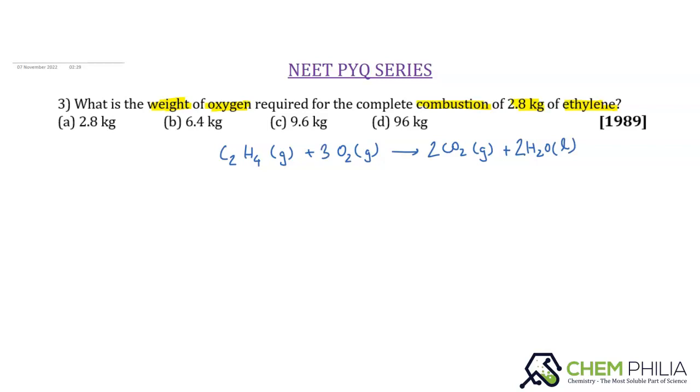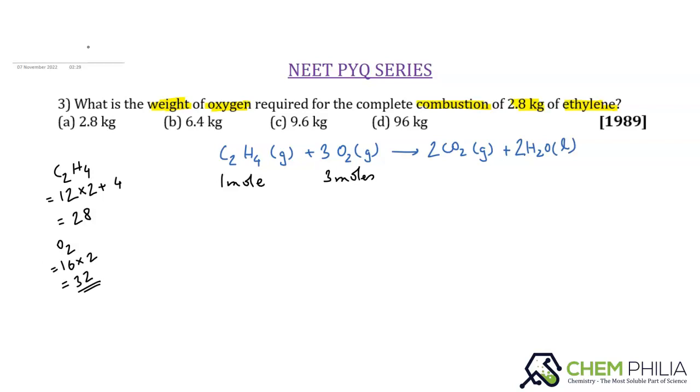So you can see that 1 mole of ethylene is reacting with 3 moles of oxygen, right? So what is the molecular weight of ethylene? The molecular weight of ethylene is carbon is 12, so 12 into 2 plus 4 hydrogens are 4, that is 28, and the molecular weight of oxygen, that we all know, 16 multiplied by 2, that is 32, right?